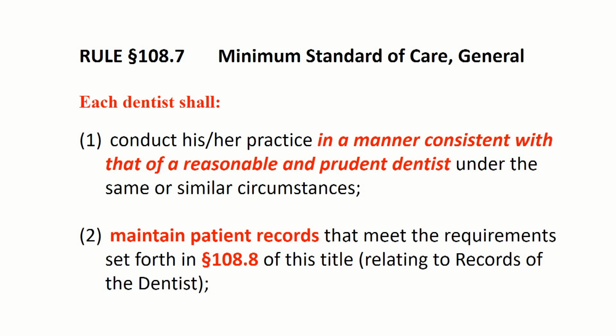Reasonable and prudent is an expression or a phrase in the law that describes what the expectation is for a baseline level of conduct. You may ask yourself, who or how do I find or where is the reasonable and prudent dentist? Who is the reasonable and prudent dentist? How is reasonable and prudent defined?